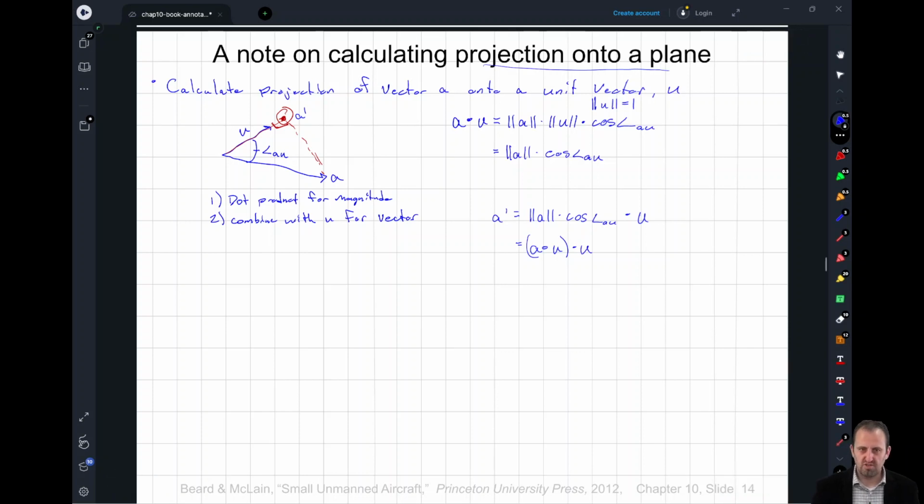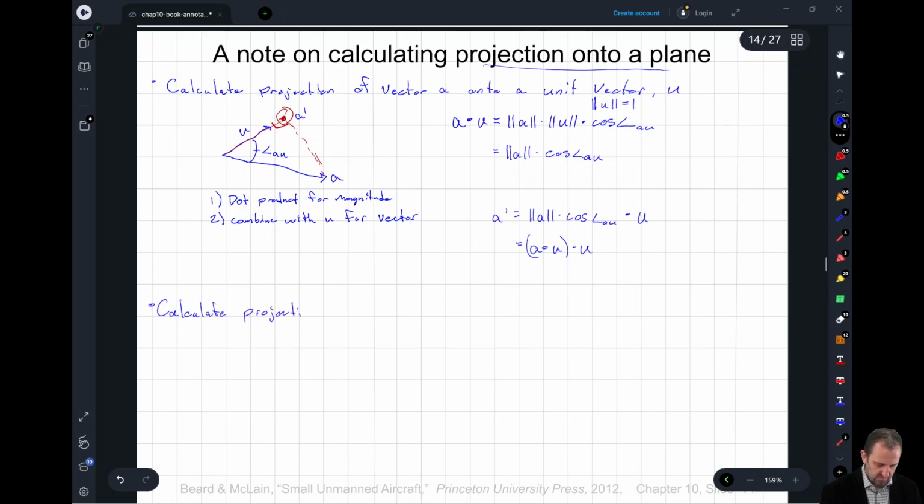So we can project things down onto another unit vector really easily. All right, now if we want to calculate the projection of A onto a plane.